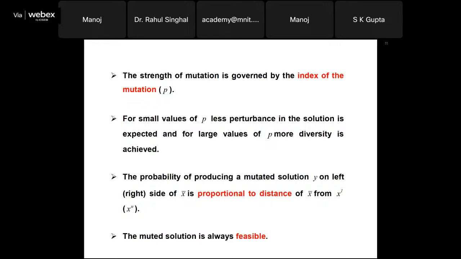Also, the probability of producing a mutated solution on the left side is proportional to the distance of x bar to xl, and of course on the right hand side also, depending upon the other distance. And the mutated solution is always feasible.